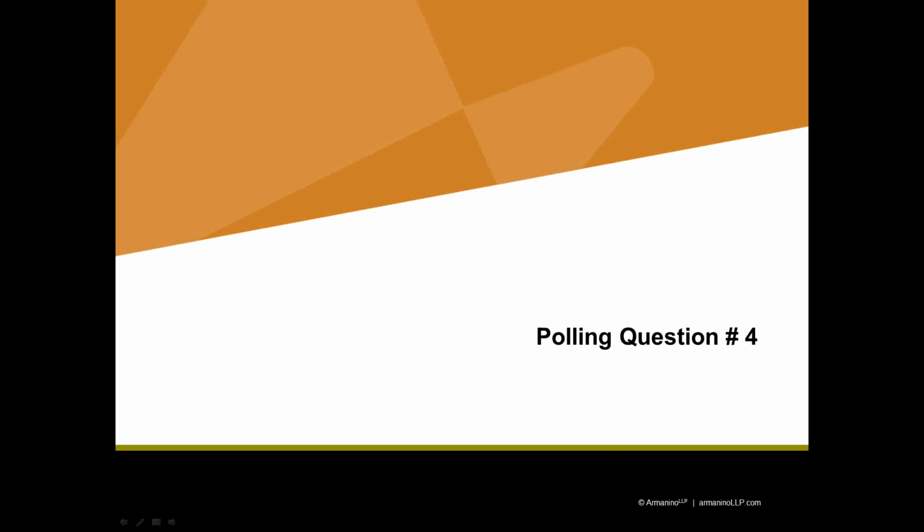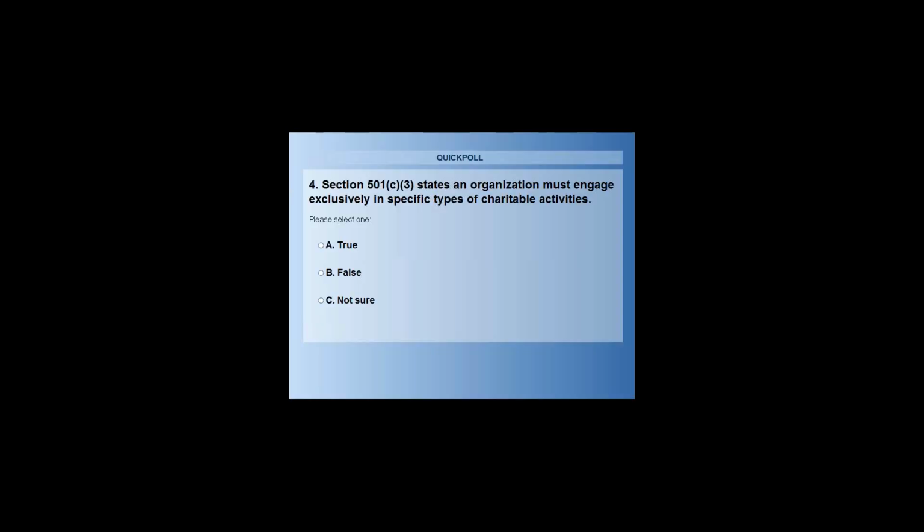Which brings us to polling question number 4. Thanks, Lynn. And we're going to jump back a second here. So this is the 4th and final polling question. So again, if you've missed one for CE, please do make sure you answer this one. So Section 501(c)(3) states that an organization must engage exclusively in specific types of charitable activities.